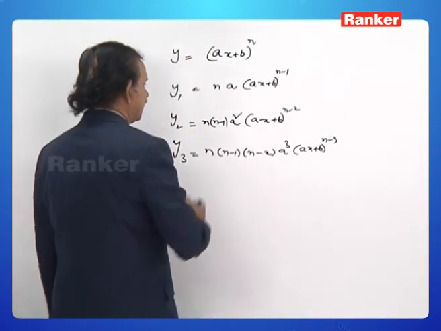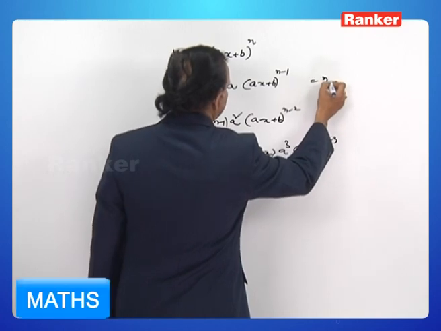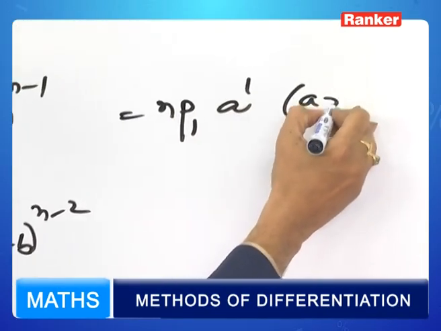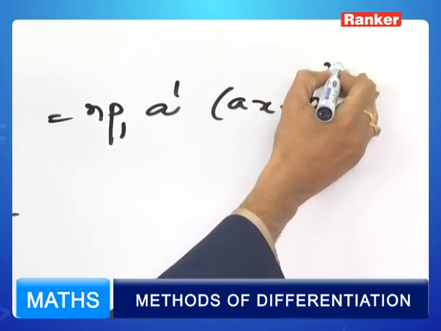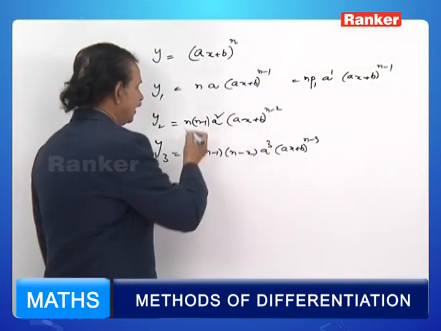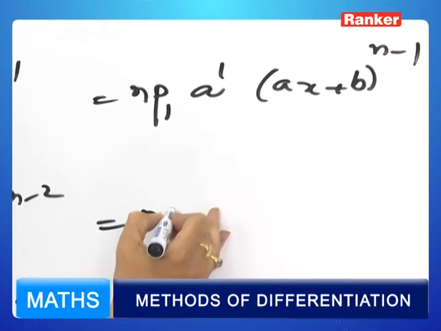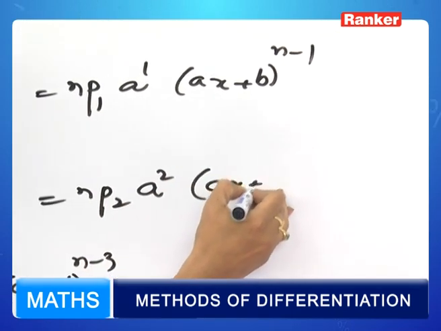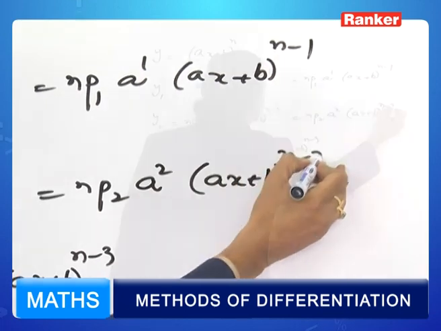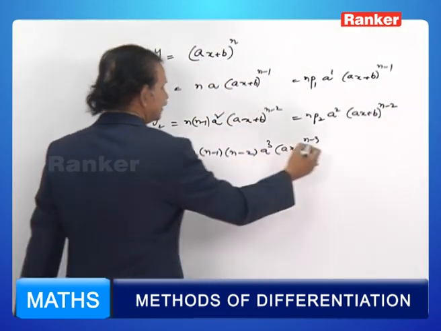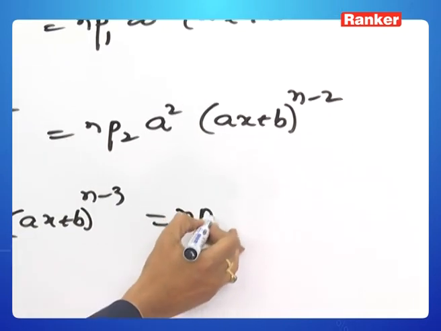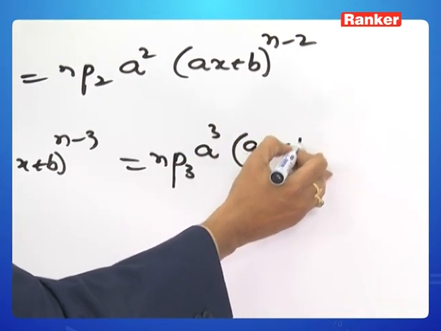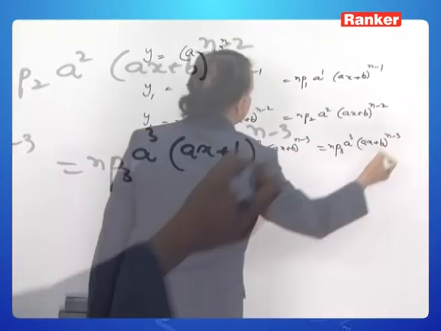Now I like to write this as nP1 a to the power 1 (ax plus b) to the power of n minus 1, this as nP2 a square (ax plus b) to the power of n minus 2, and this as nP3 a to the power 3 (ax plus b) to the power of n minus 3.